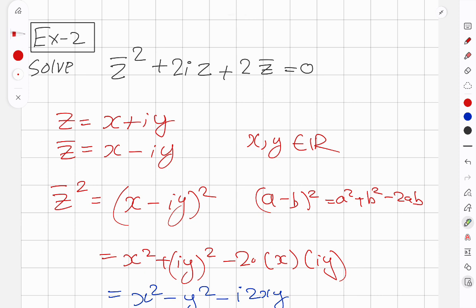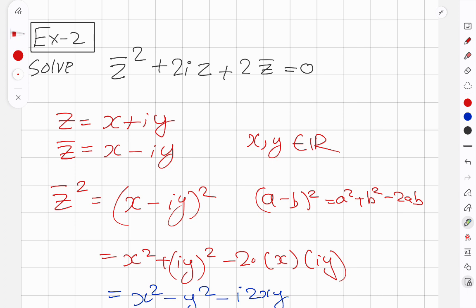Okay, and if you write it, it is x square plus iy whole square minus 2x iy. I just wrote the formula of a minus b whole square, minus 2x iy.